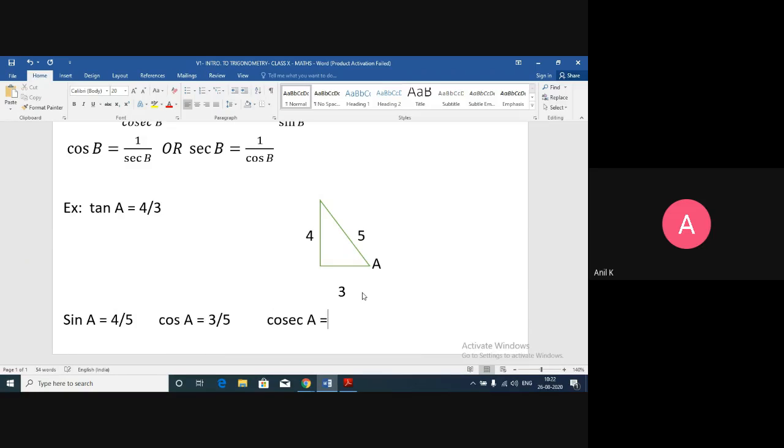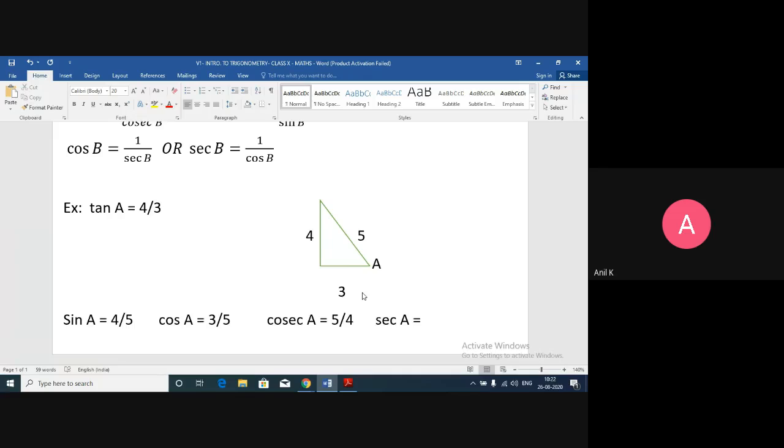Cosec A. The definition of cosec is hypotenuse upon opposite. Hypotenuse is 5, opposite is 4. Next I have sec A. There are two ways to find cosec and sec values. One, you can go by the definition.